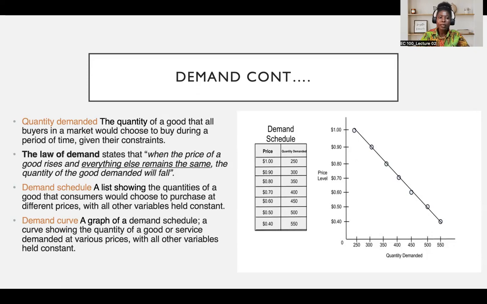The law of demand says that when the price of a good rises and everything else remains the same, the quantity of the good demanded will fall. So what does this mean? It's just a very simple concept. Don't even think hard about it. Right now, if something is expensive, and you are used to using it, let's say electricity, you're used to buying 90 units of electricity for maybe 10,000.